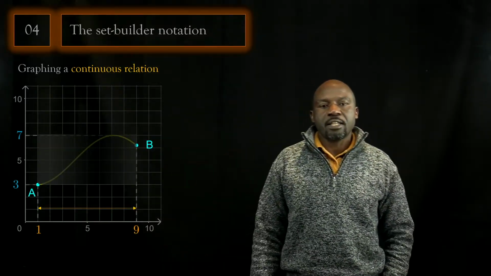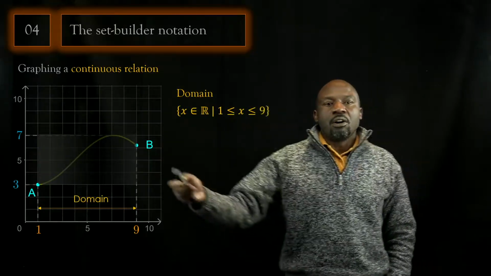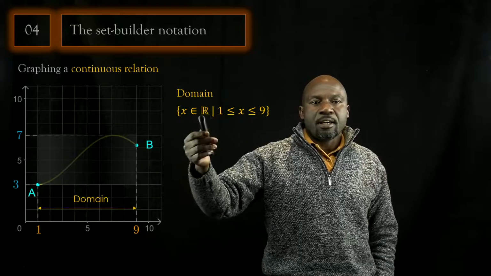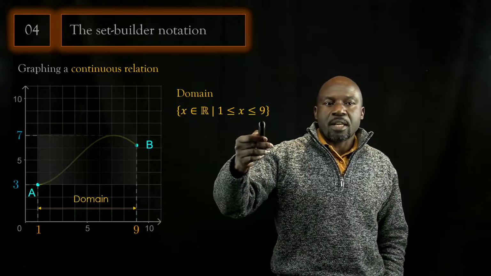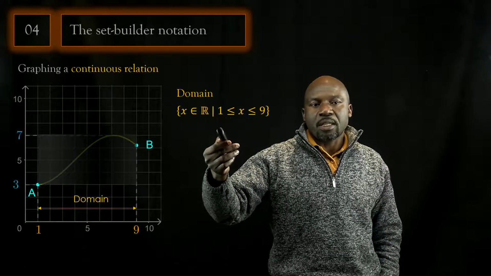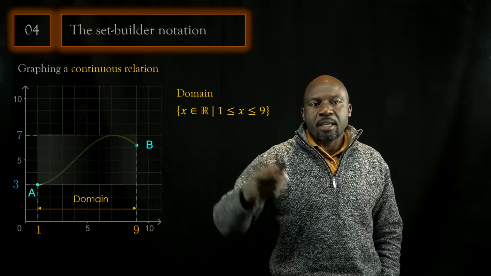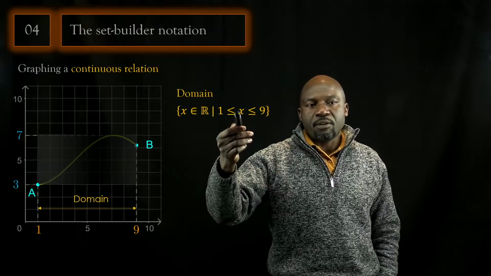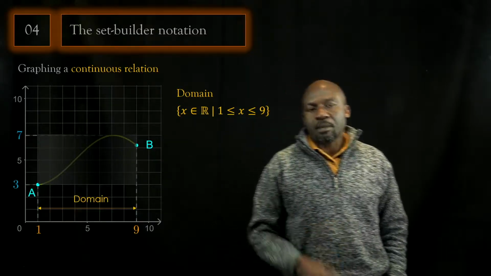When we present this, we write the domain as all values of x that are real and lie between -1 and 9. That means 1.1 is accepted, 2.05 is there, pi is in there, e, 2.718 and so on, is also in there. So all these values are accepted.